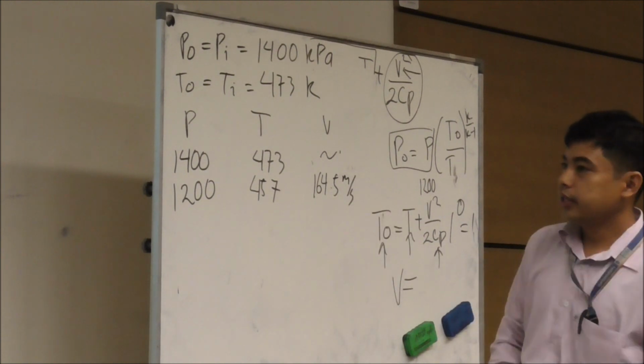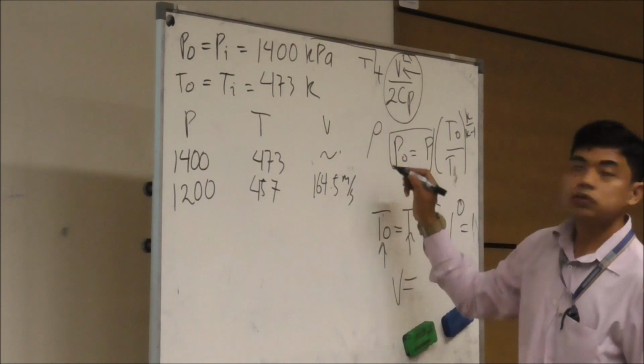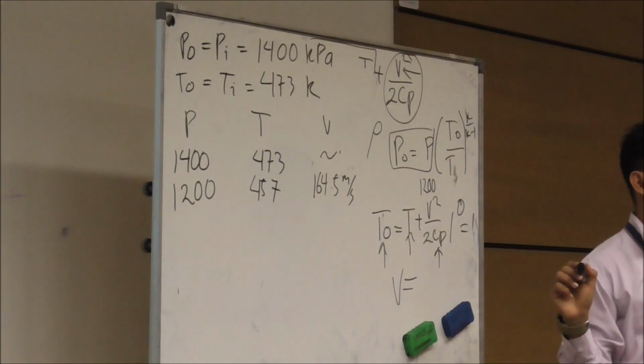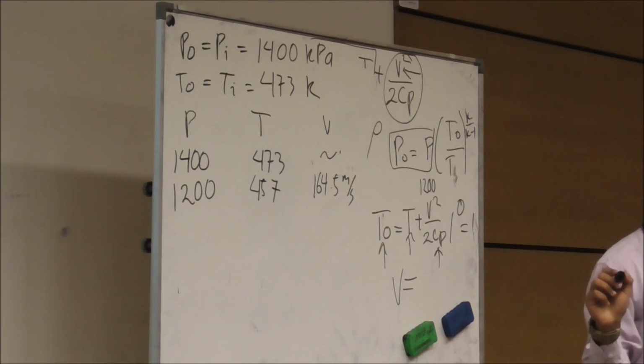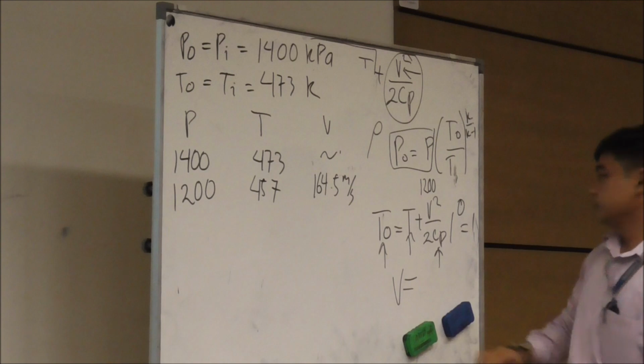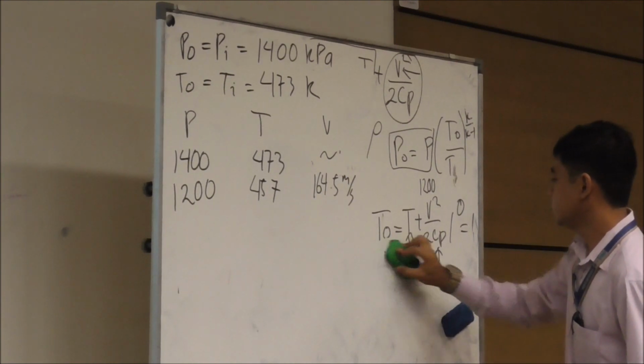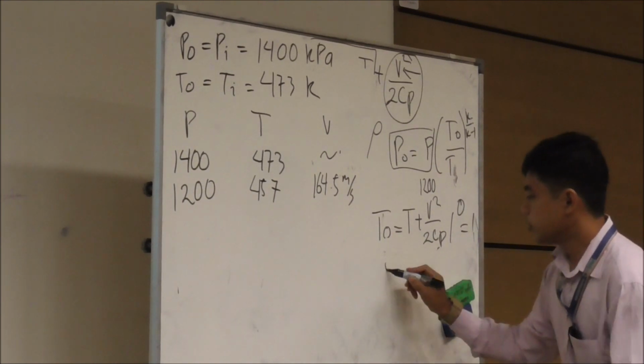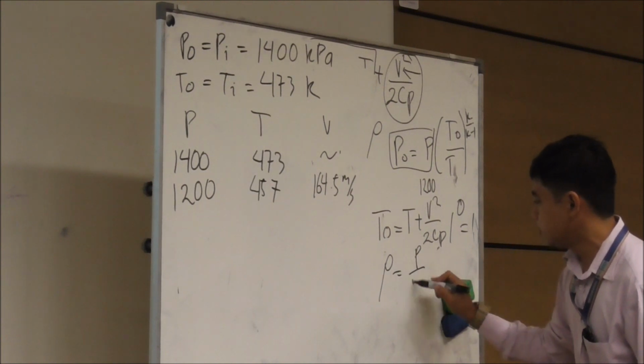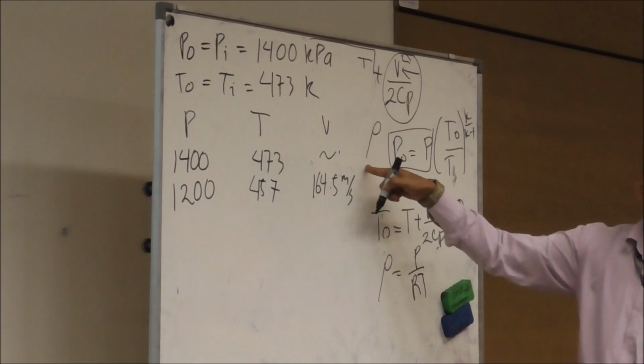And then you calculate your rho. Your rho is P over RT, so you will get your rho.